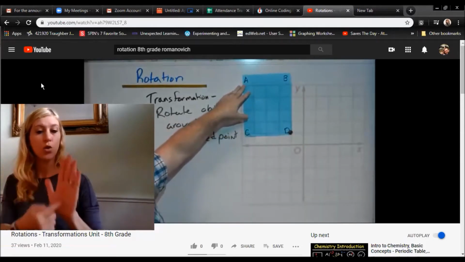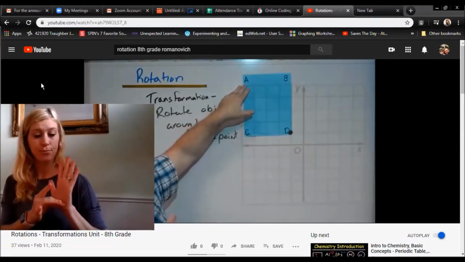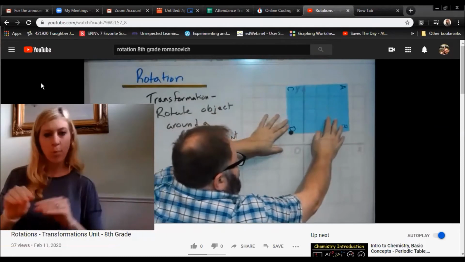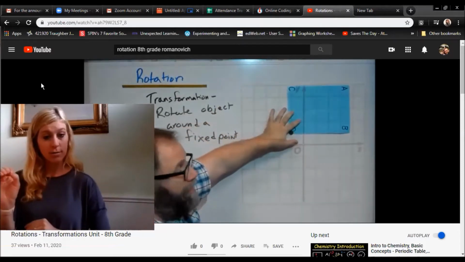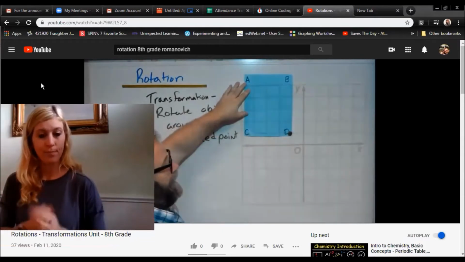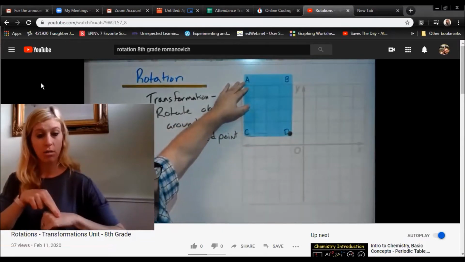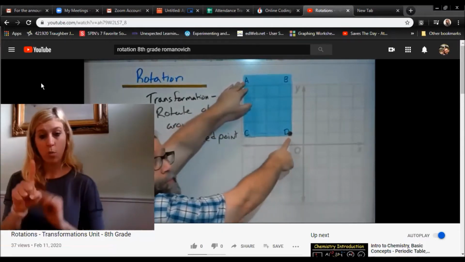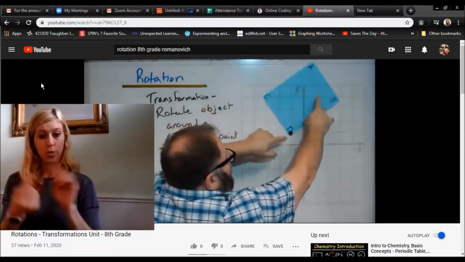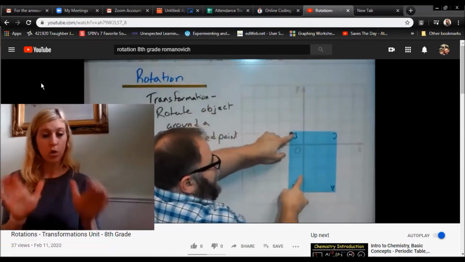Now, if we were rotating around this fixed point, if we were doing a 90-degree rotation, we would rotate the shape 90 degrees. And then we're here. If I go back to the original, if we were going to rotate it 180 degrees around this point of rotation, or center of rotation, we would go 90 degrees, 180.